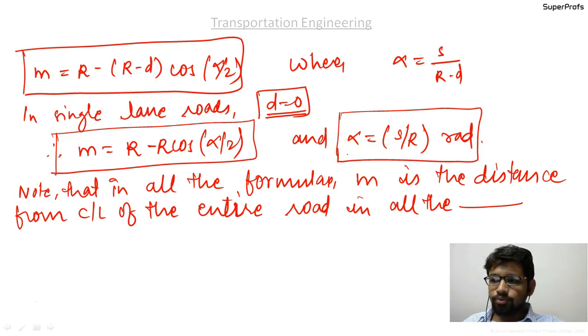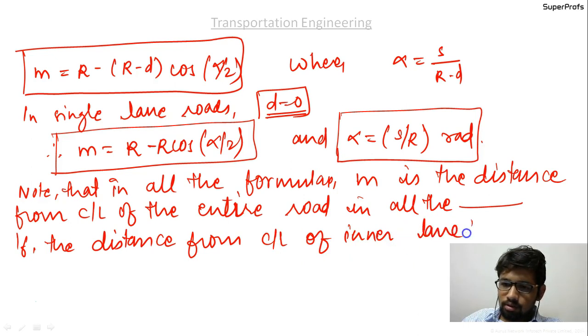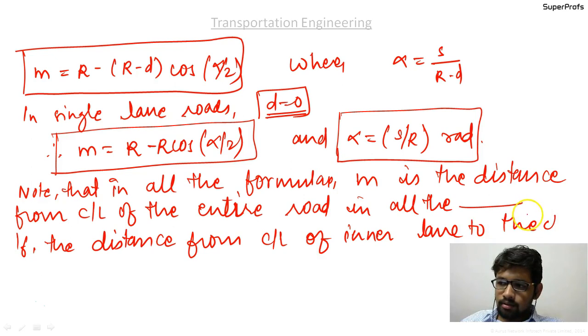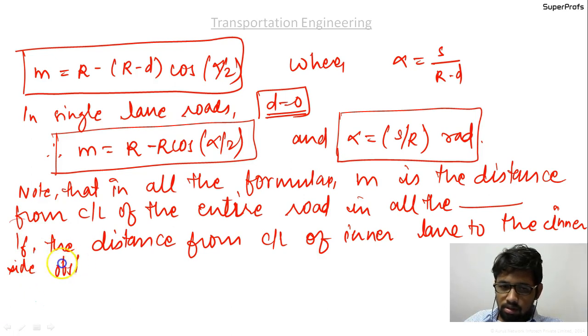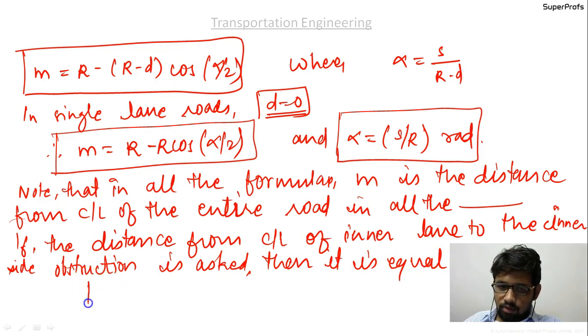If the distance from the center line of the inner lane to the inner side obstruction is asked, then it is equal to m minus d.